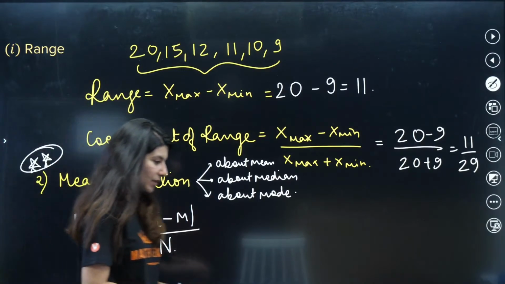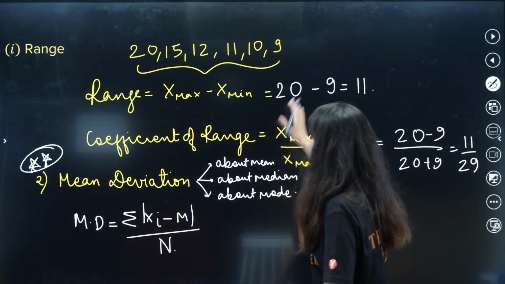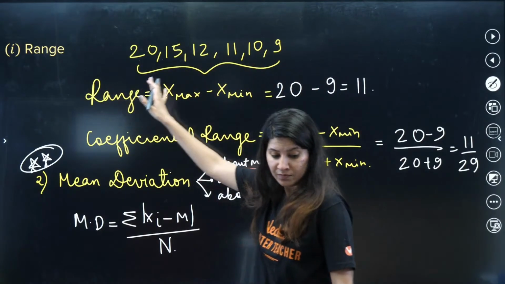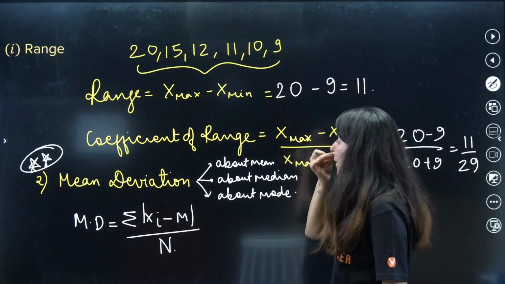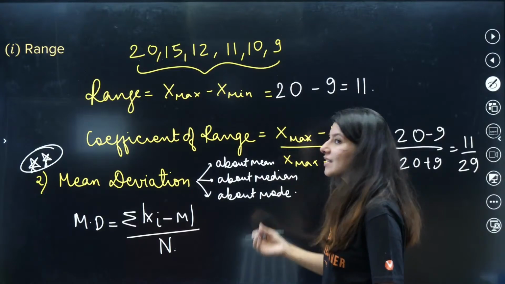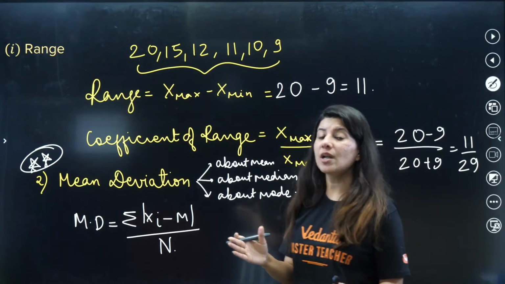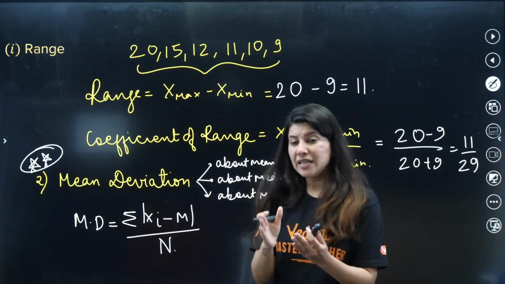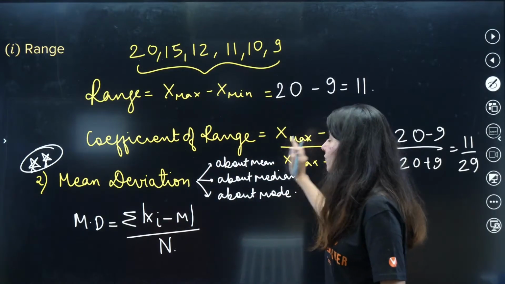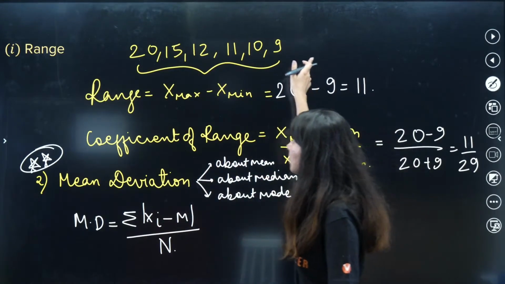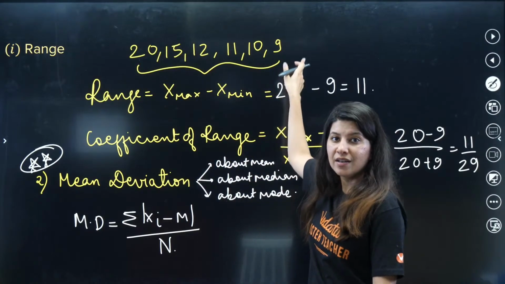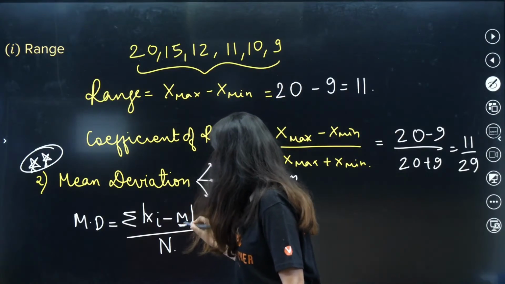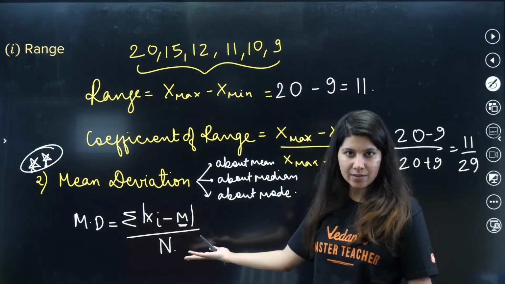What does that mean? If you are given any data, and they ask you to calculate mean deviation about mean, first of all you have to calculate the mean of all the observations, and this capital M represents the mean this time.